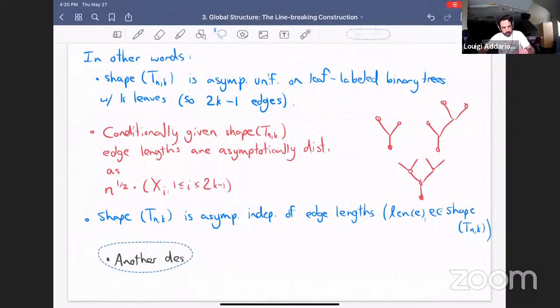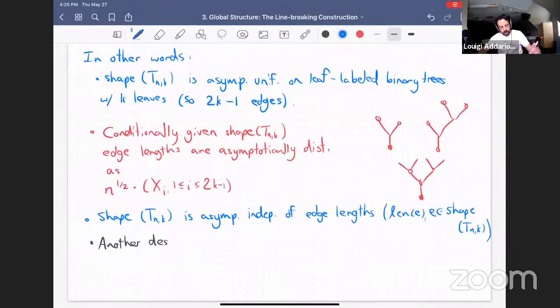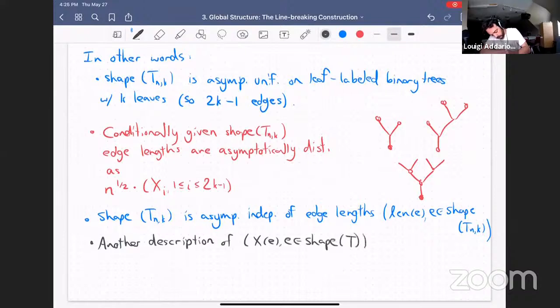Okay, and so the last comment I want to make before giving you a bit of an idea of the proof is that there's an alternate description of the limiting vector x_e, e in shape T. I'd like to, as follows.